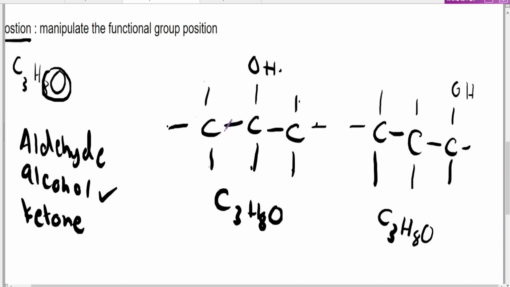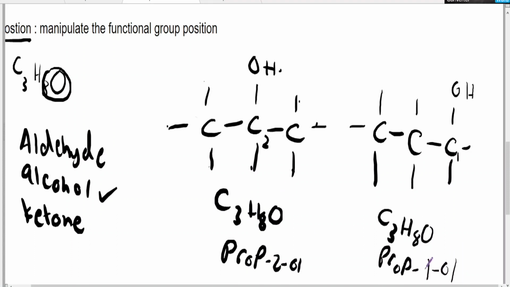different names. Again, this would be prop. This would be prop as well because 3 carbon atoms. But the alcohol is on carbon number 1 here, and in this structure right here, it's on carbon number 2. So prop-2-ol, and this would be prop-1-ol, or propanol.